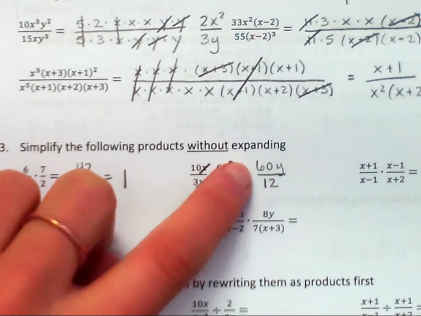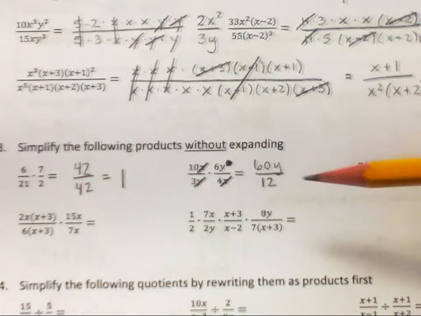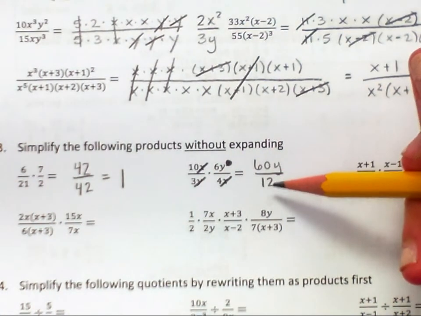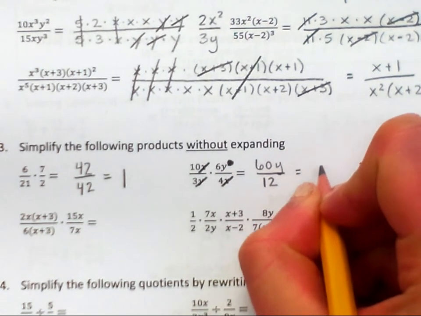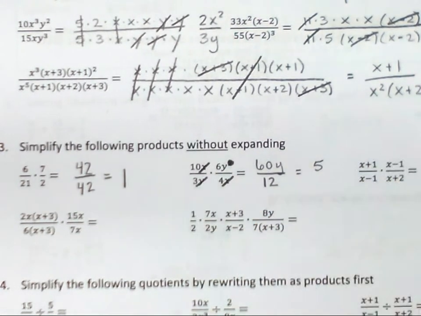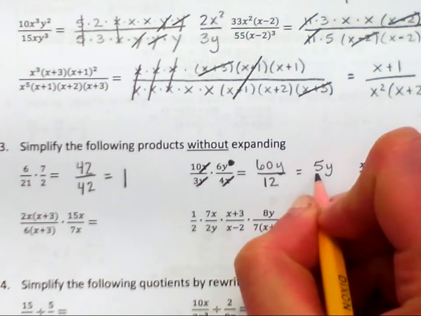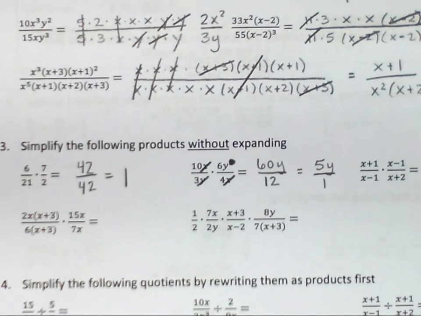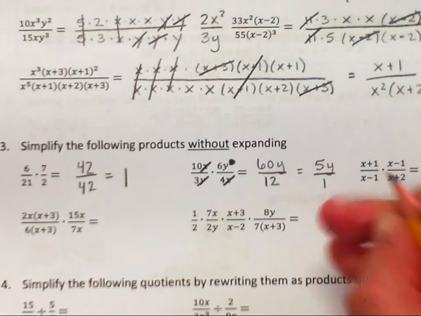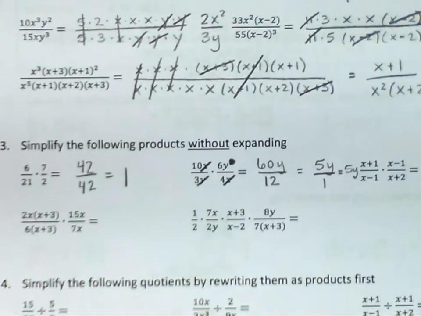So 60 and 12 can both divide by 12. Or you can think of it as 60 divided by 12, which is 5. And the 5 would go on the top. The y is left. And technically a 1 is in the bottom. We do not need to write the 1 in the bottom, so we can just write it as 5y.